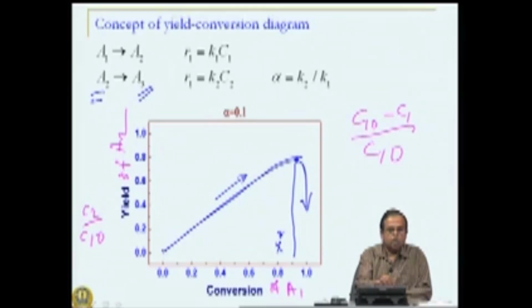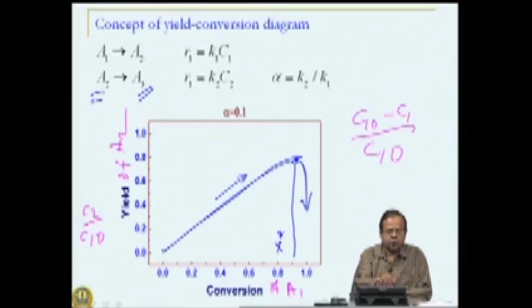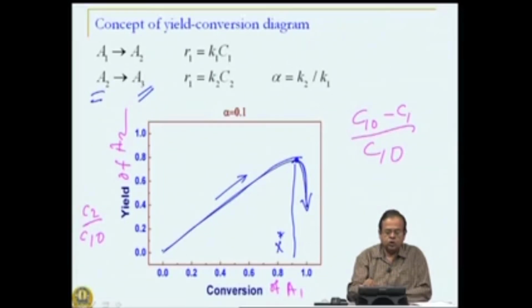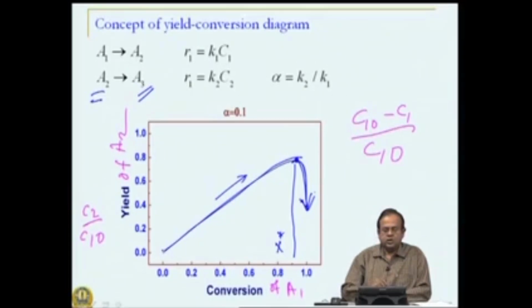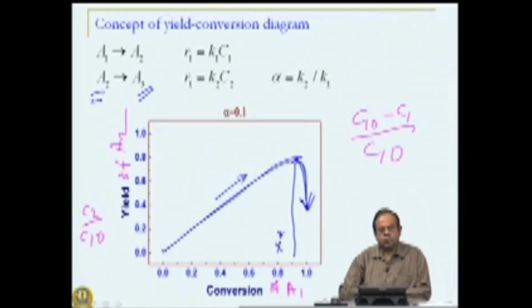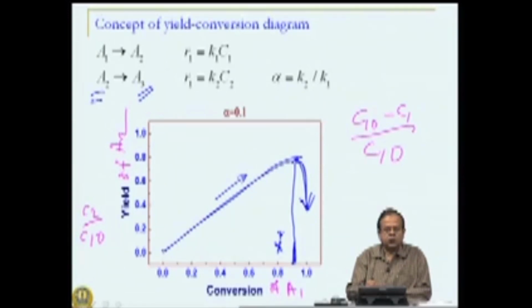So, beyond this critical point, instead of A2 accumulating in the system, it is now consumed, and we are seeing formation of more and more A3. So, if this is the kind of system that we have with us, then it does not make any sense to design reactors for more than critical conversions such as this x star.